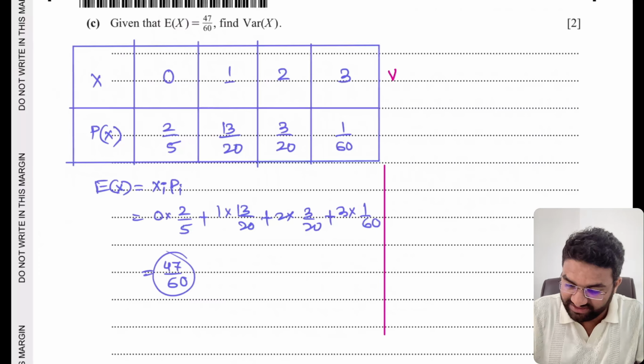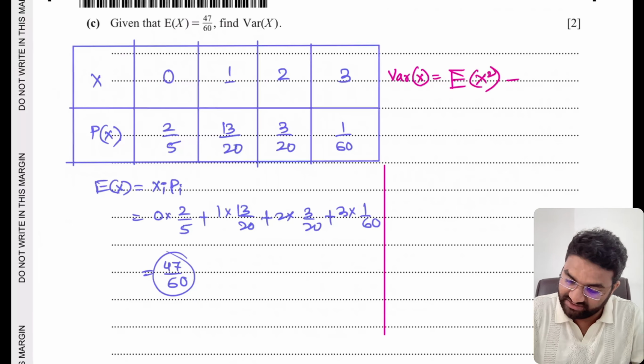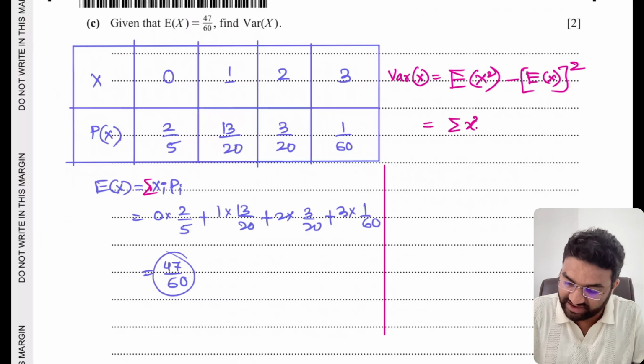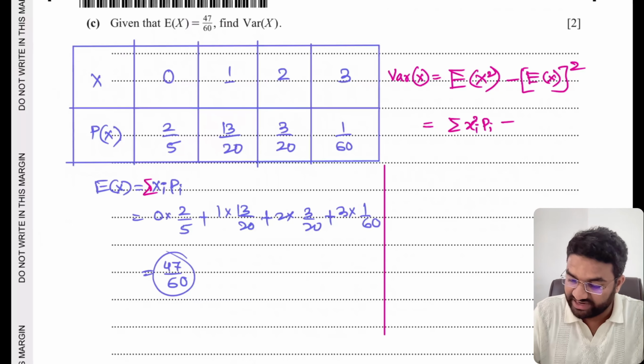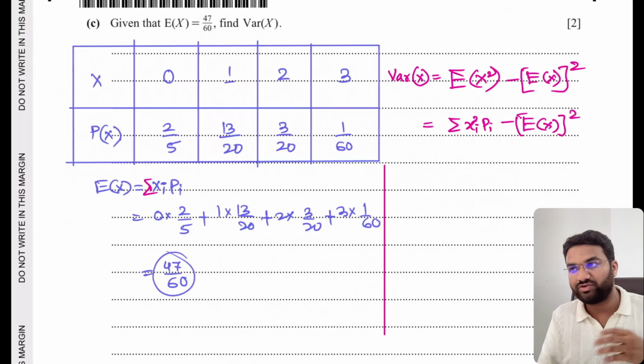Now V of X, the variance of X, is equal to E of X square minus E of X, bracket square. E of X square is the summation of xi square times pi. Minus here, E of X is already given in the question itself, so no need to do anything.